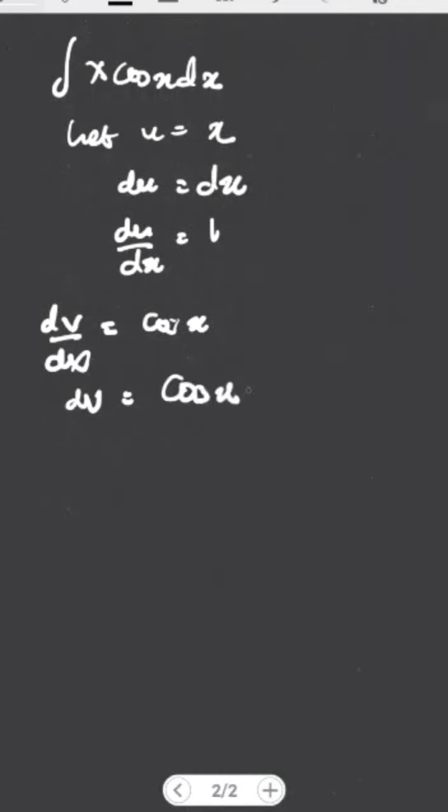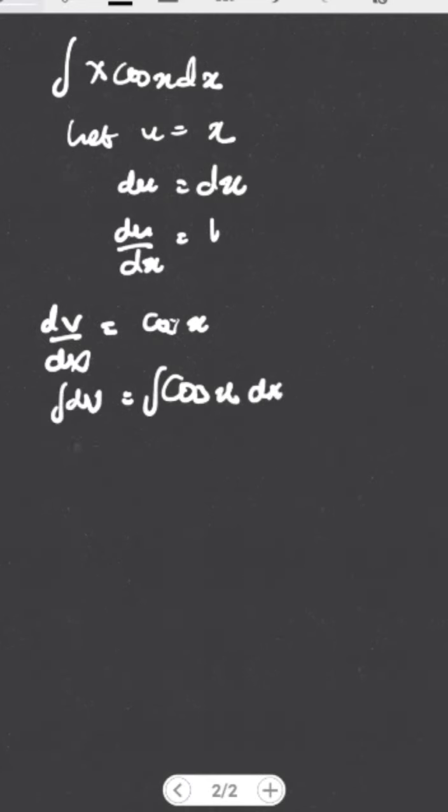At the same time, if I say that dv/dx would be equal to cos of x, then dv would be cos of x dx, and therefore this would call for integration.